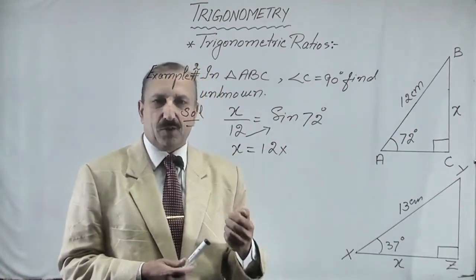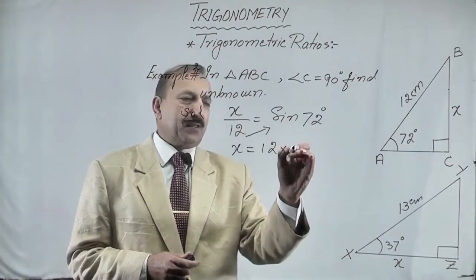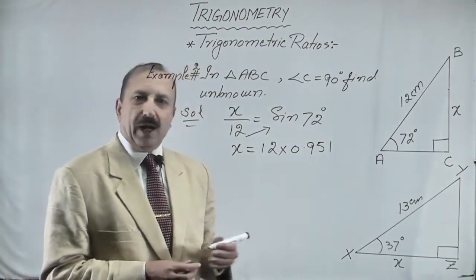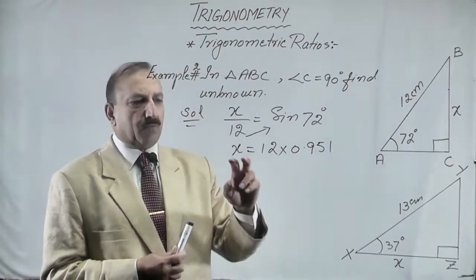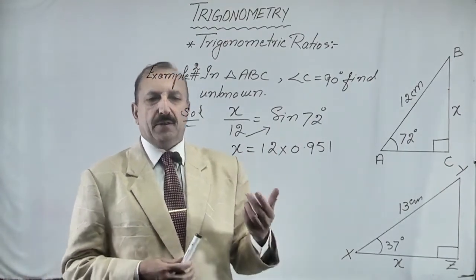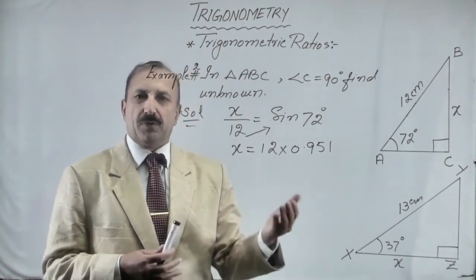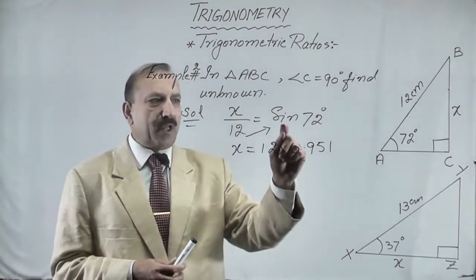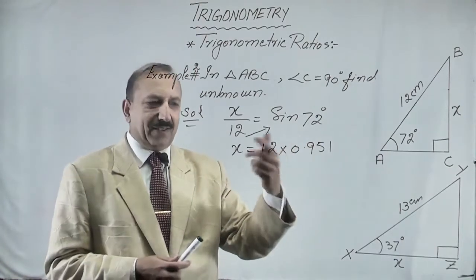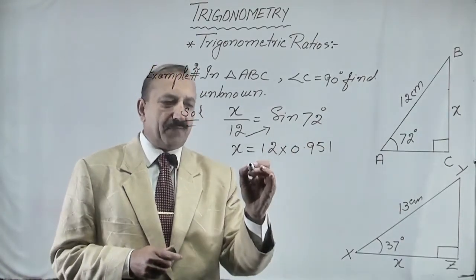You will get this value from the calculator, and it is 0.951. Yes, in trigonometry, whenever there are values of angles and calculations going on, you will use a calculator, my dear students. So sine of 72 is equal to 0.951.